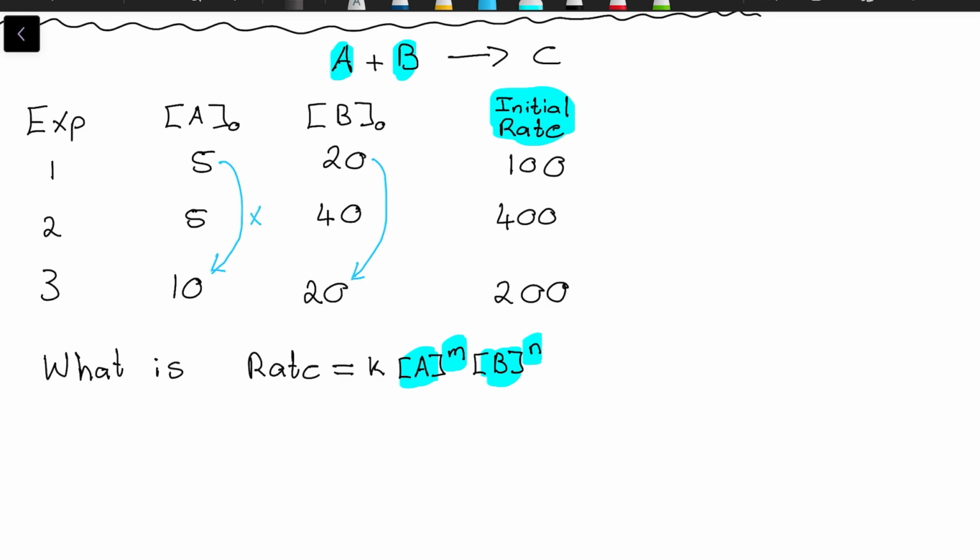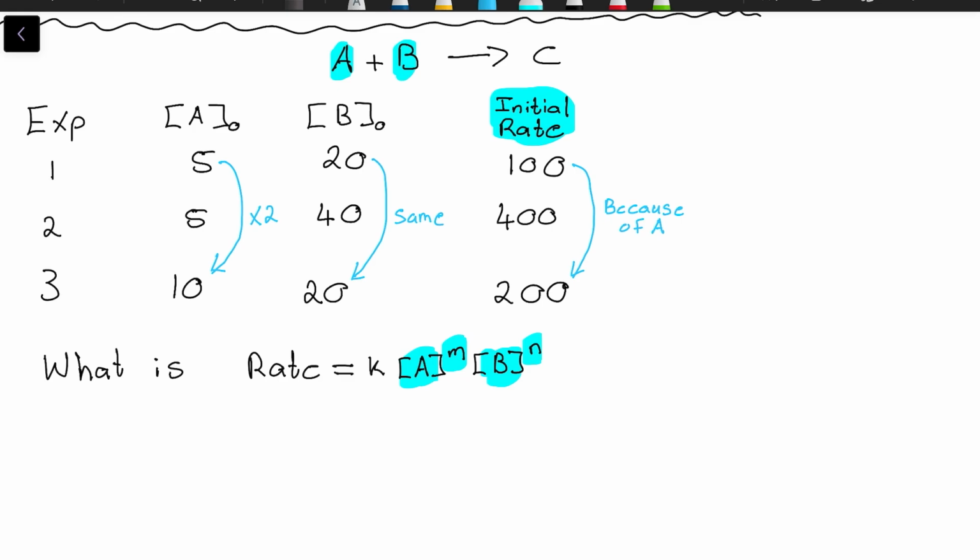So this one is times 2, this one is the same concentration. So hence, whatever the change is here in the rate is because of A. Aha, right? So that's typically how we do it. You keep one thing constant and you vary the other thing, and you see what the response is of the system. And that then gives you some practical information that you can do something with.